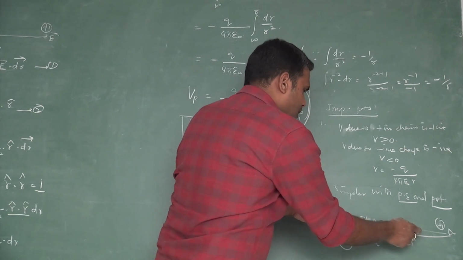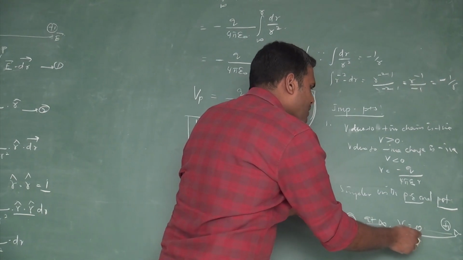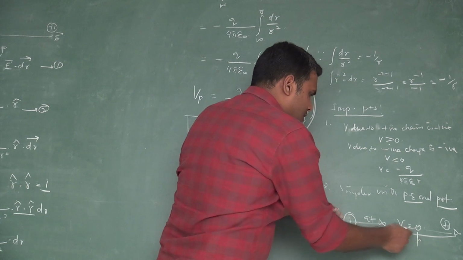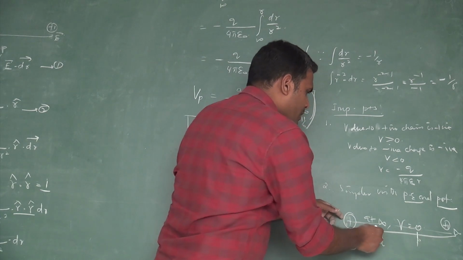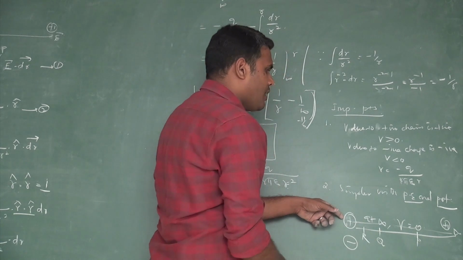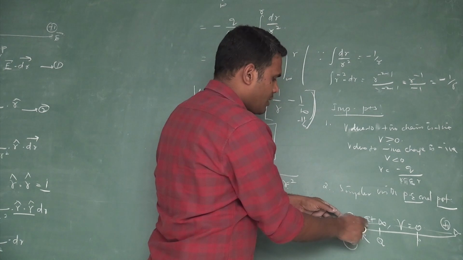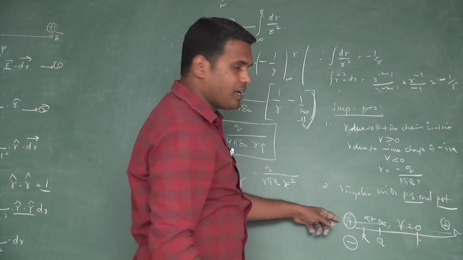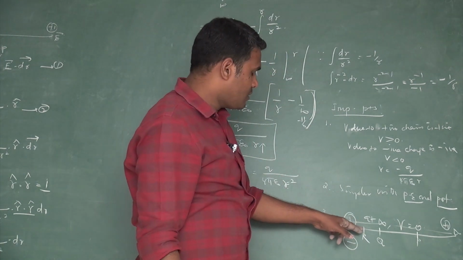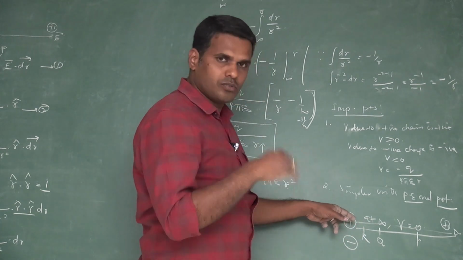The work done will be stored as potential energy or potential here, and the potential at this point is less. Potential at this point is more because the work done is more. As you move to some other point R, the work done is further more, so potential is more at this point R. So around the positive charge, the potential is more, very close to the source charge.